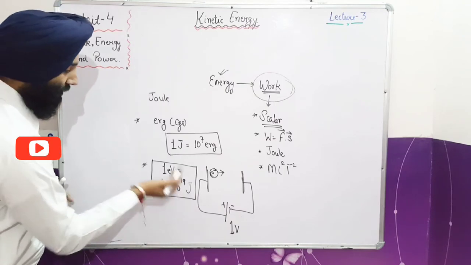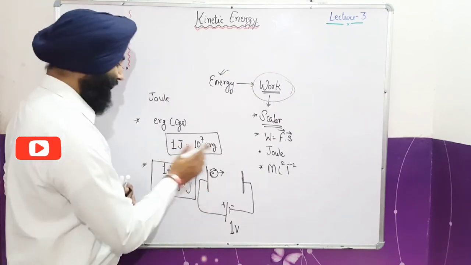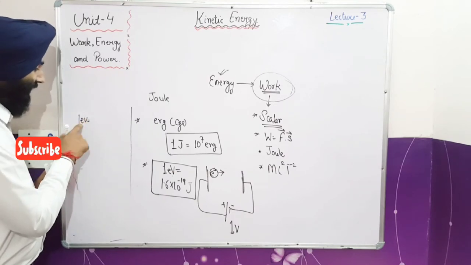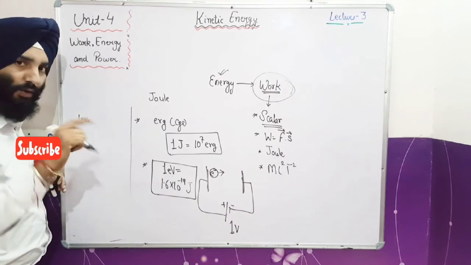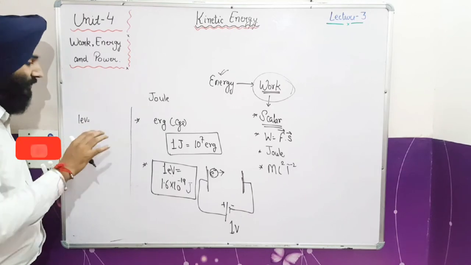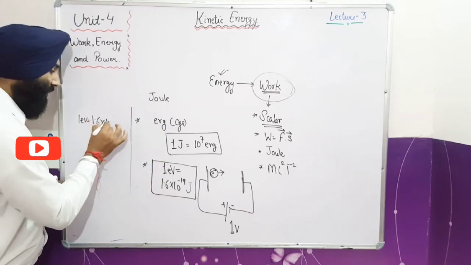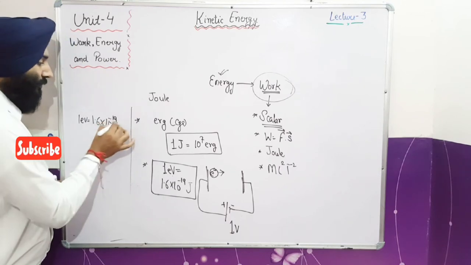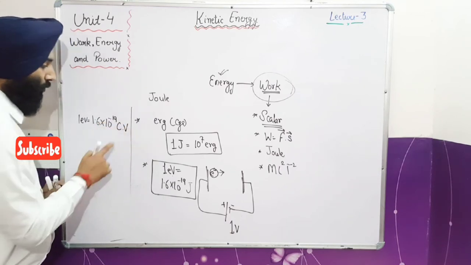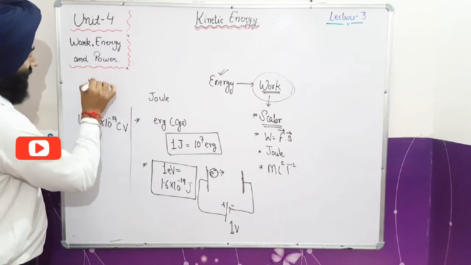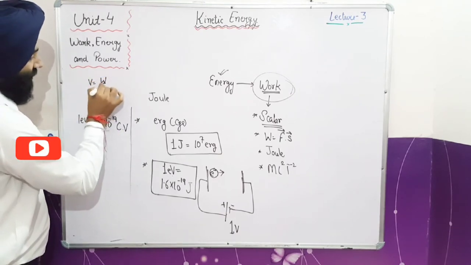How is this electron volt converted into joule? Suppose here we have 1 electron volt. E is the charge on the electron, which is 1.6 into 10 raised to power minus 19 coulomb, and volt is the unit of potential. In 10th class you studied that potential equals work done per unit charge.